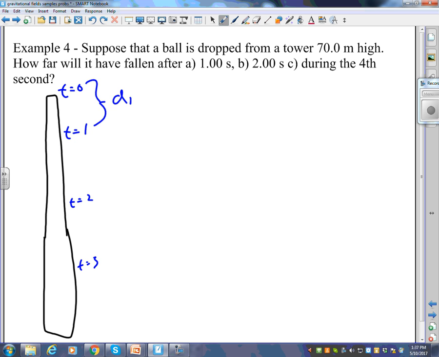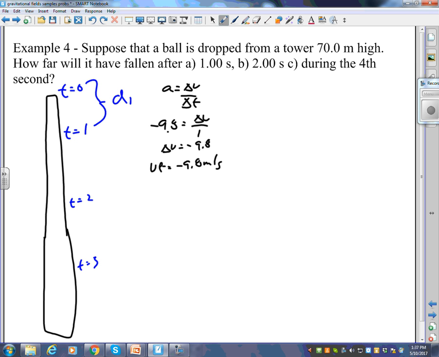With acceleration and time, I can go A equals delta v over delta t. So minus 9.8 is my delta v, and it's just 1, so that's easy. So my VF is minus 9.8.